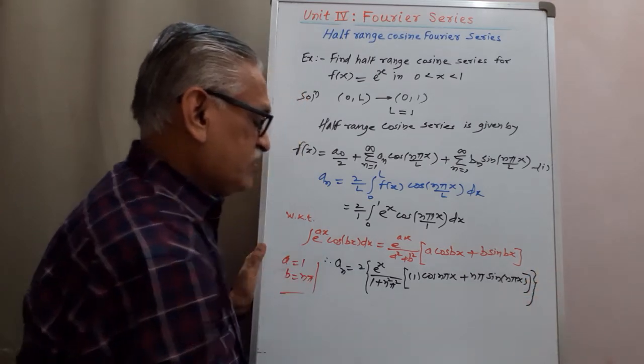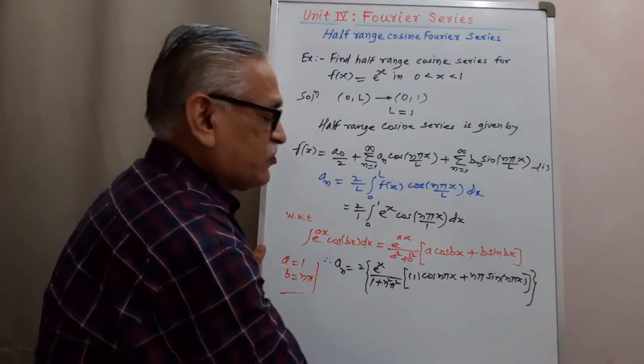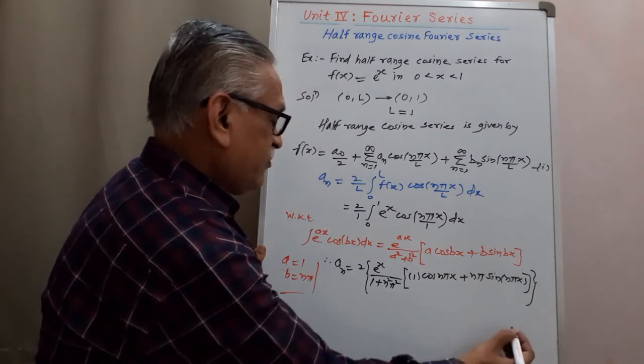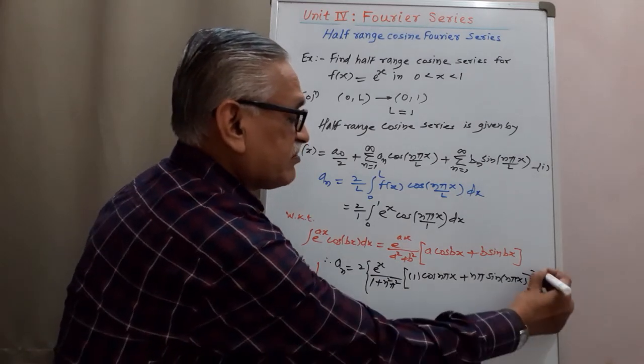Outer bracket closed, and the limits are for this outer bracket. Therefore, limits are 0 to 1.